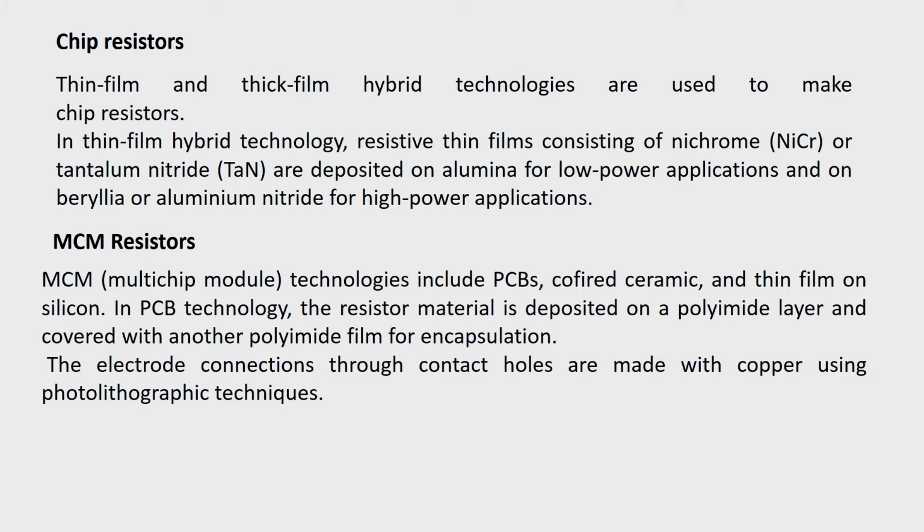So, in the PCB technology, the resistor material is deposited and then we have this encapsulating material, and the connection is made using contact holes, and copper is used for making this electrode connections or contacts.